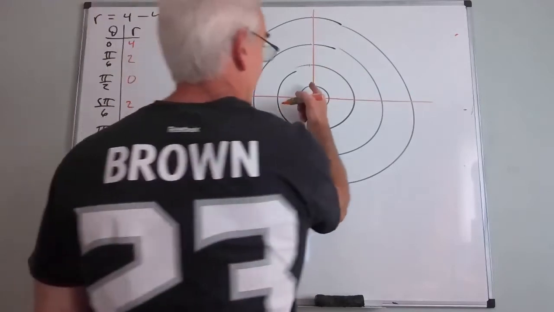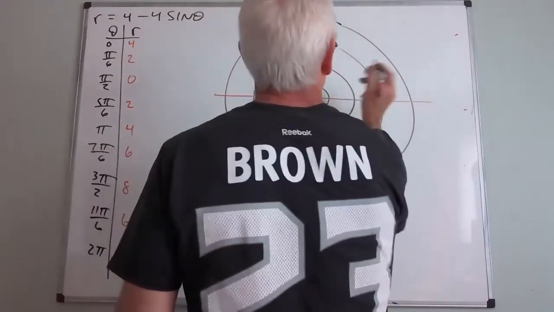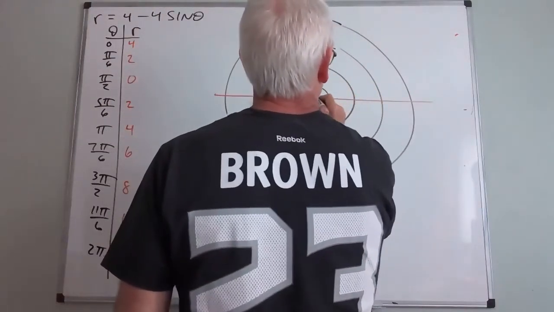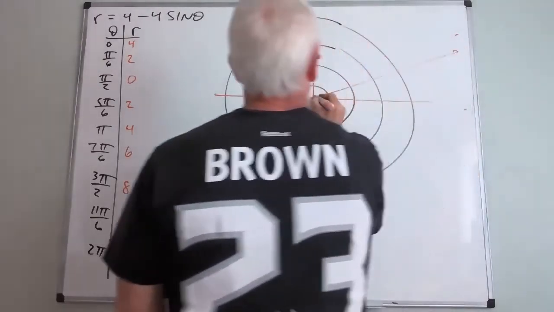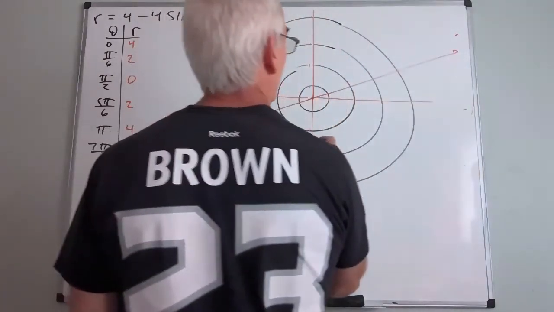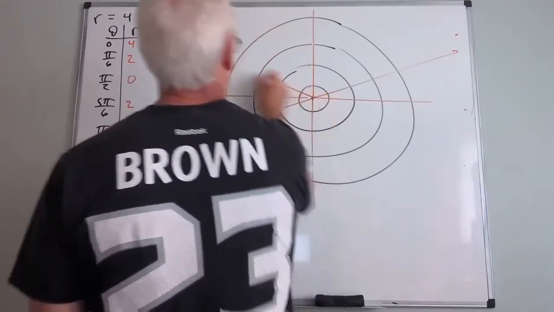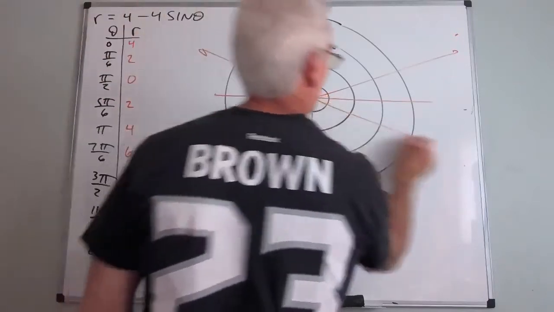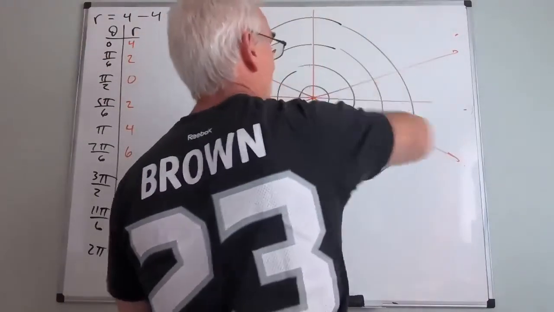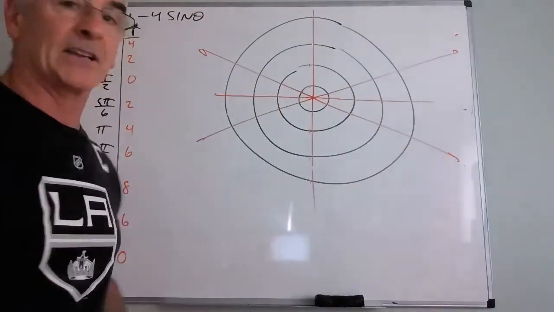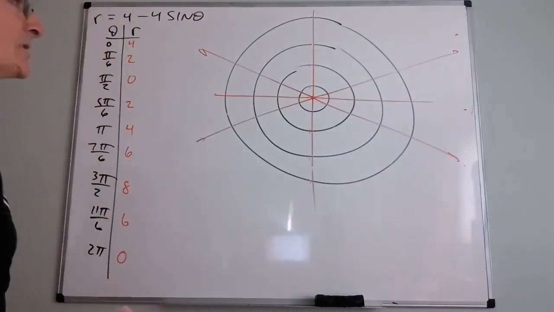So right now that would be the angle pi over 2. So if I wanted, let's say, the angle of pi over 6, I would do that one. I want the angle of 5 pi over 6. So if I do that one. Now, I can keep going all the way around with these lines. I don't need to, because I'm just going to use the ones I did.